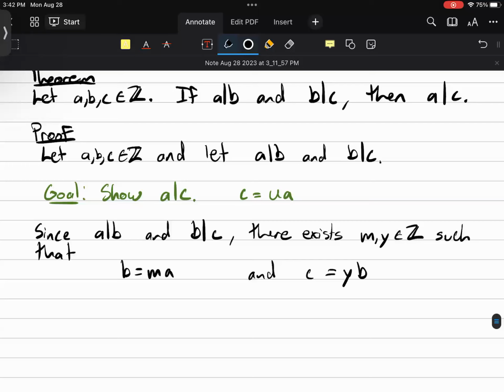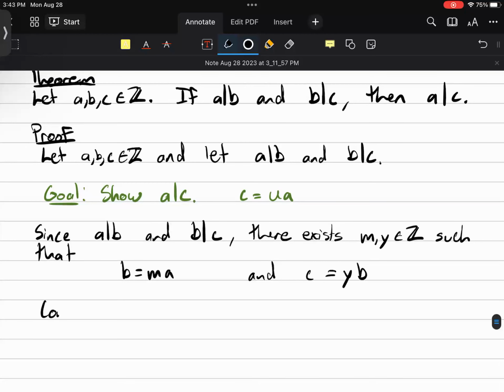C is equal to some integer times A. Well, so far, I know because B divides C, C is equal to some integer times B. But then I also know how I can rewrite B itself. It is some integer times A.